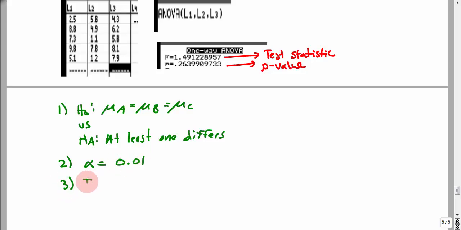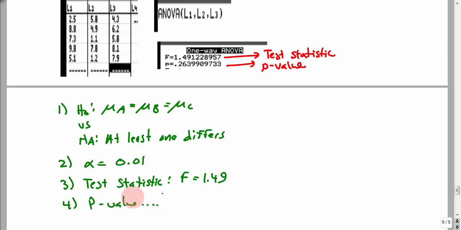Step 3, my test statistic is given. In this case, it's F equals 1.49. My p-value, and again, when you're doing these, label these and organize them so it's easy to find, is 0.2634, we'll call that 0.264.